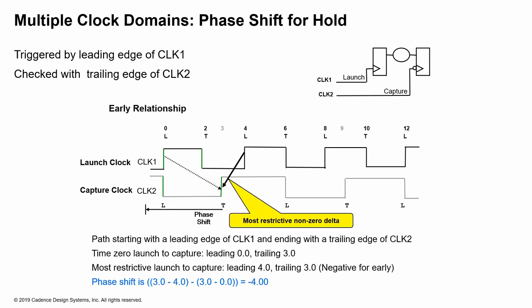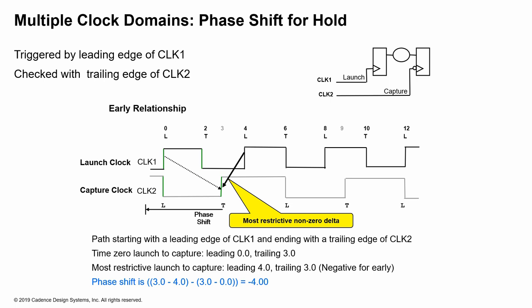We'll use the same clocks of 4 and 3 for the hold example, and in this case the most restrictive non-zero delta is again 4 launch and 3 capture.